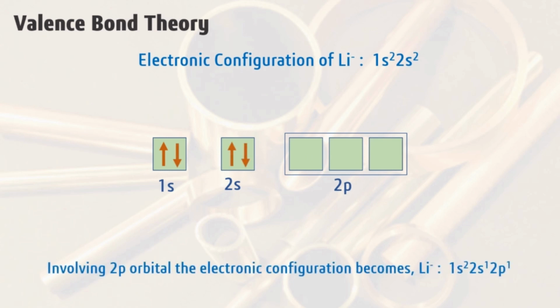But in a metallic lattice, the electron distribution is rearranged as 1s2 2s1 2p1. The 2p orbital is involved, and thus 2s and one of the 2p orbitals get singly occupied, which are responsible for two covalent bonds. Two of the 2p orbitals remain vacant, which are responsible for electrical conduction when an external field is applied. These vacant orbitals are called metallic orbitals.